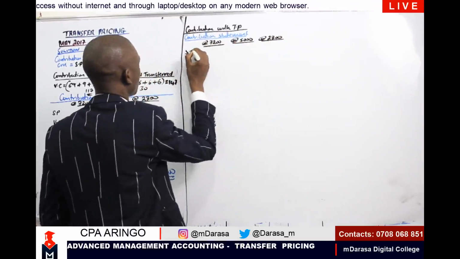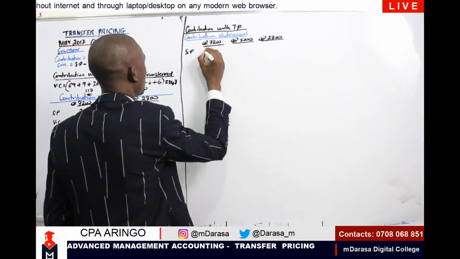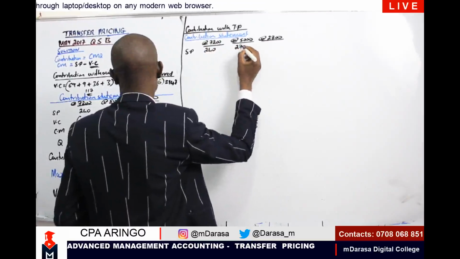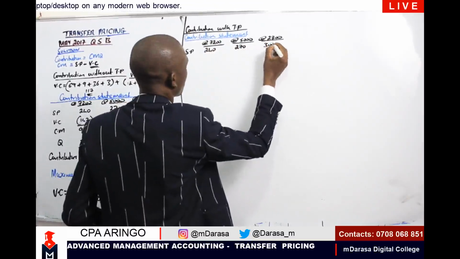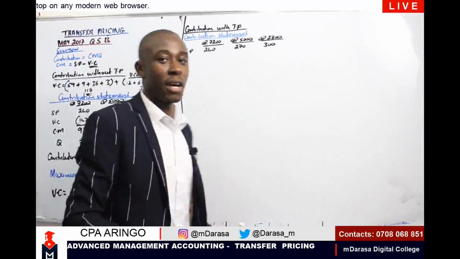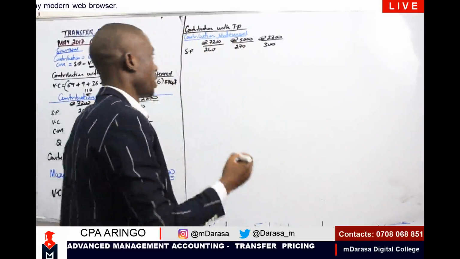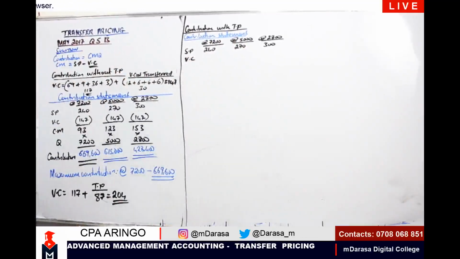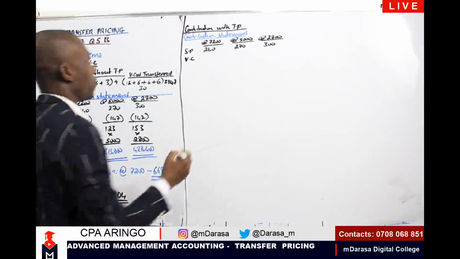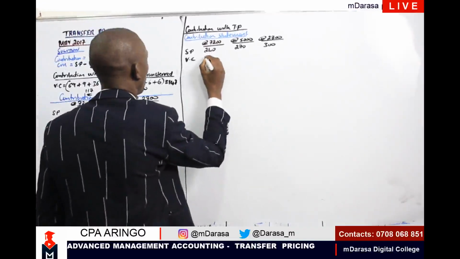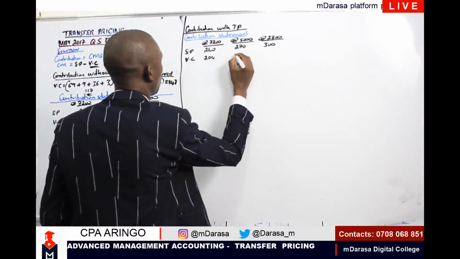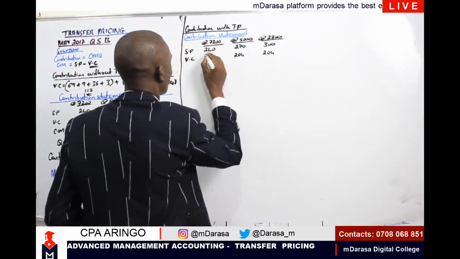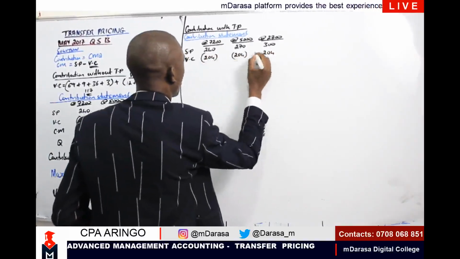Selling price will not change: 240, 270, and 300. But our variable cost, my good student, will do what? Will change. Our new variable cost with transfer price, I'm having 204, 204, 204.